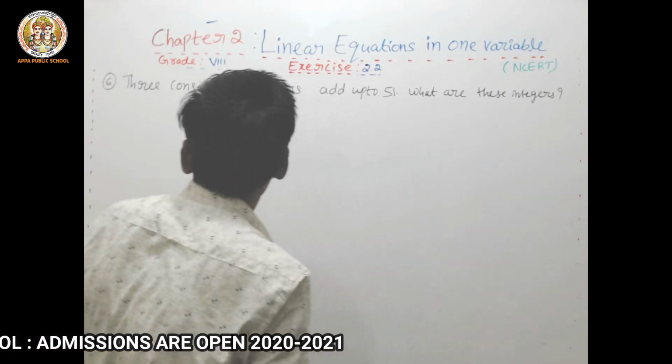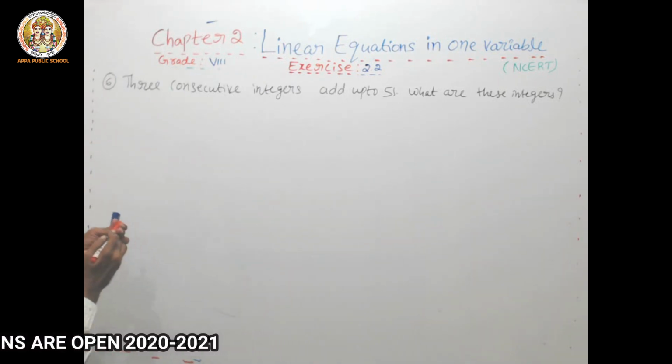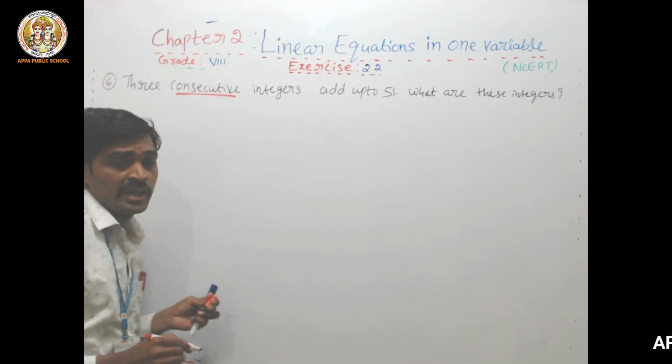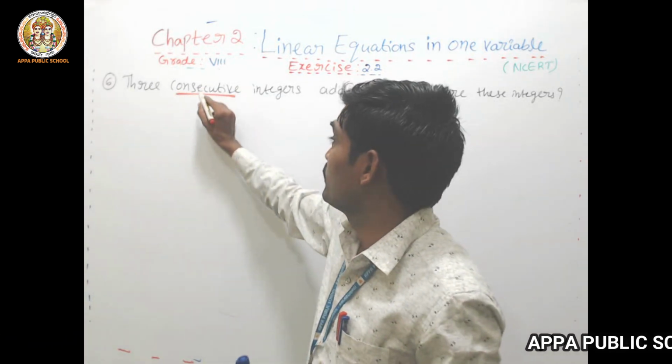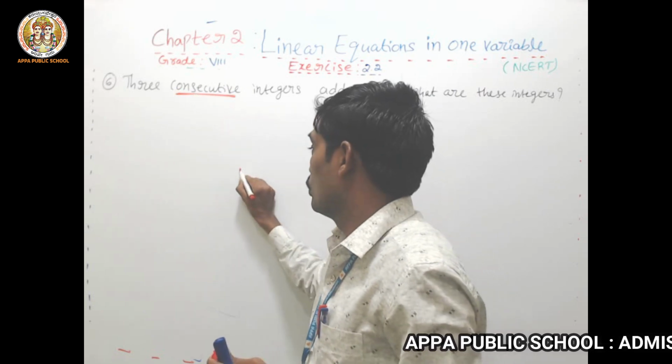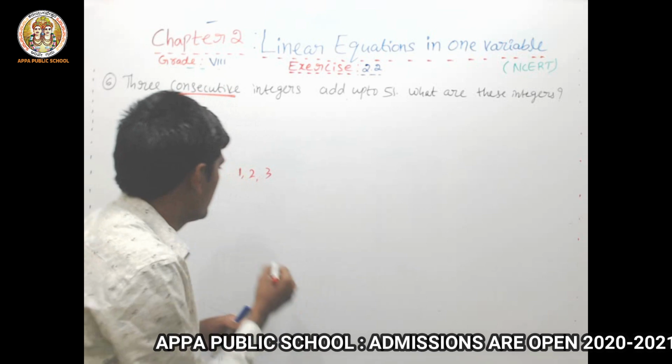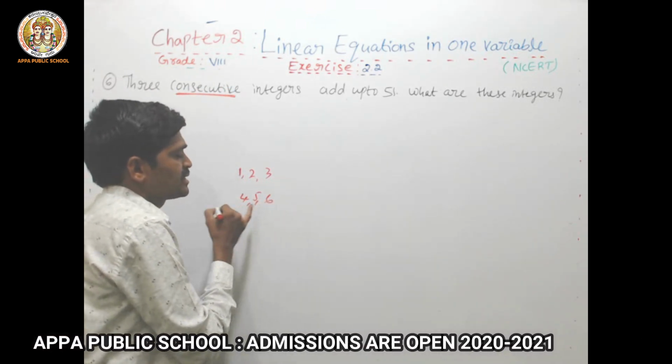See, my dear friends, here three consecutive integers. Consecutive, following continuously. For example, 1, 2, 3. Yes, 1, 2, 3 is a consecutive number. You can take 4, 5, 6 consecutive.